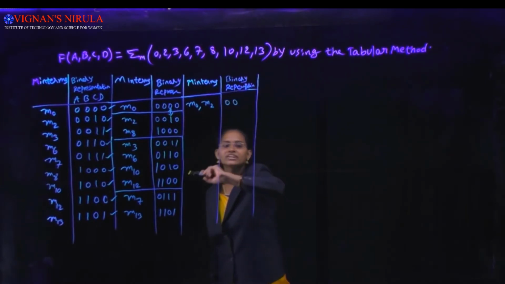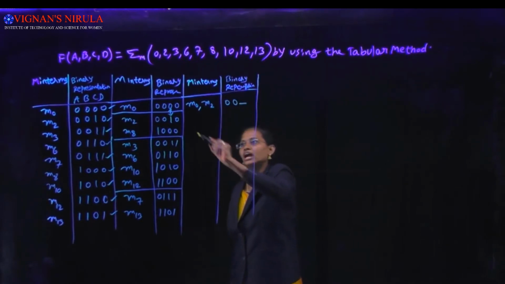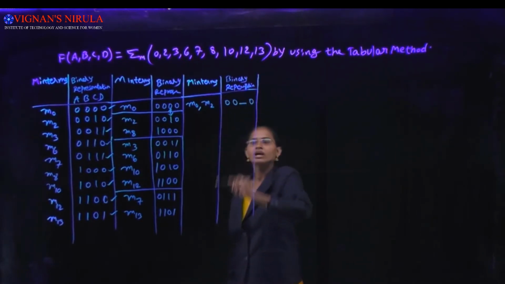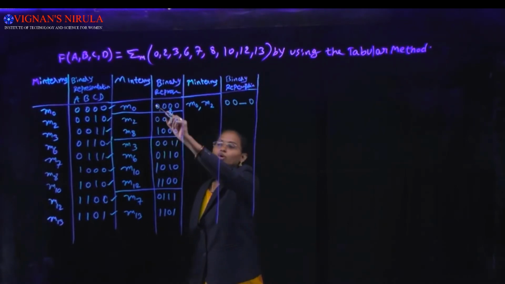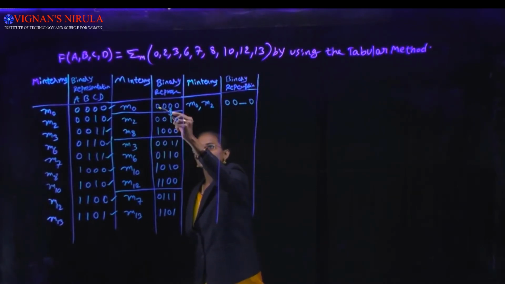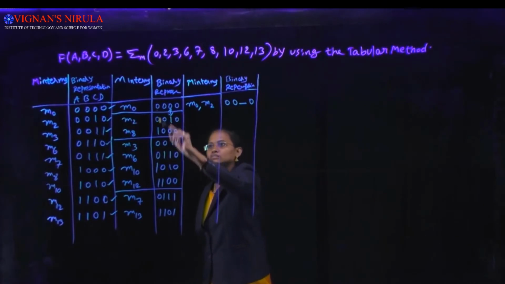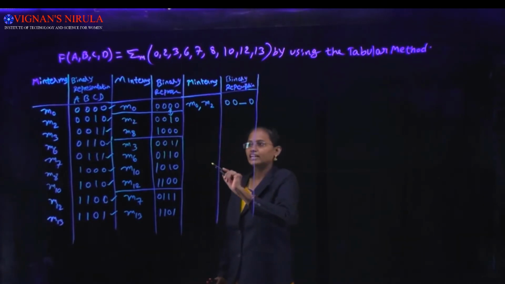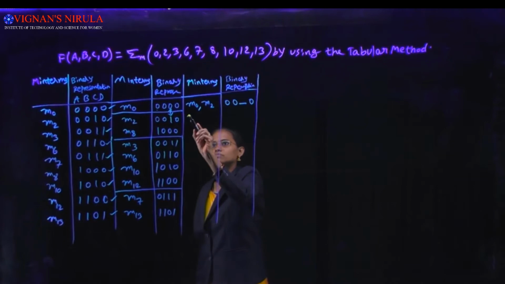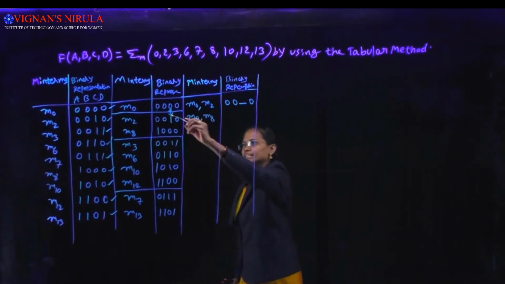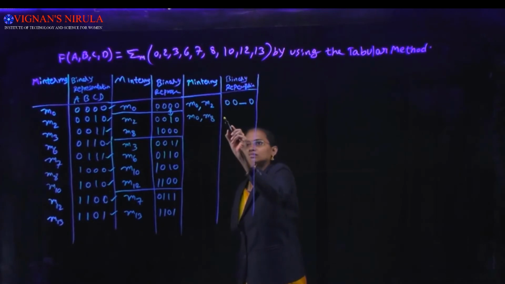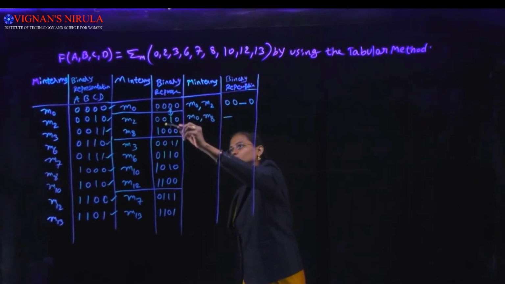This place is different, so it is indicated by a dash. And next M0 is compared with M8, only one position is different, so write down that min term also, M0 and M8, that is dash, 0 0 0 and 0 0.